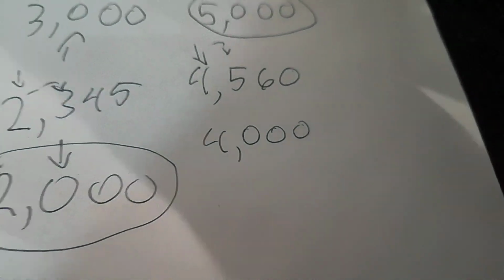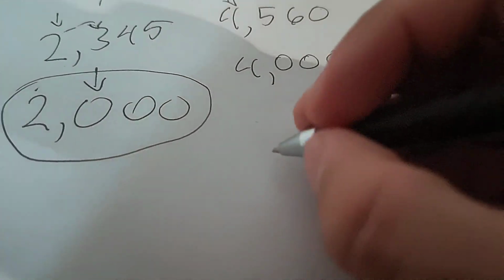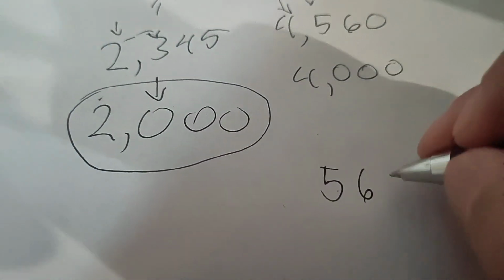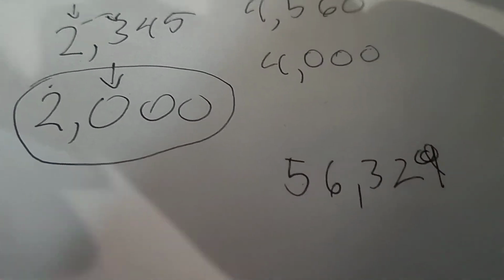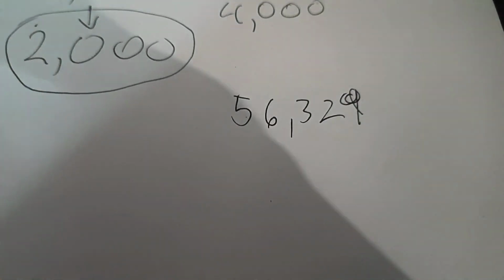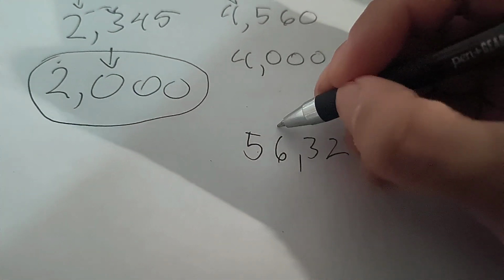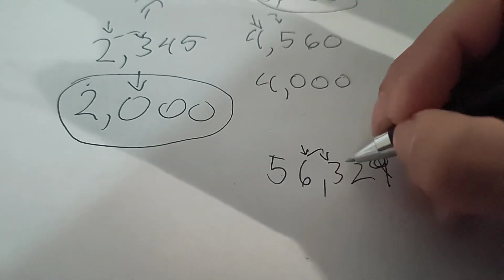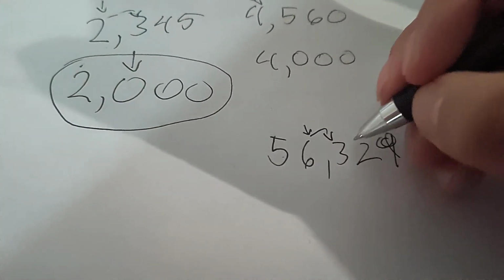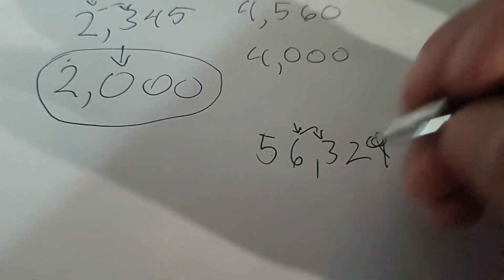Now here's another example. If I were to ask you, what is 56,329 rounded to the nearest thousands? How would you do that? Well, you would look at the place value we're trying to round to, the thousands place value, and then you look at the one before it, the hundreds place value. You would say, well, is this one 5 or higher, or is it 4 or lower?